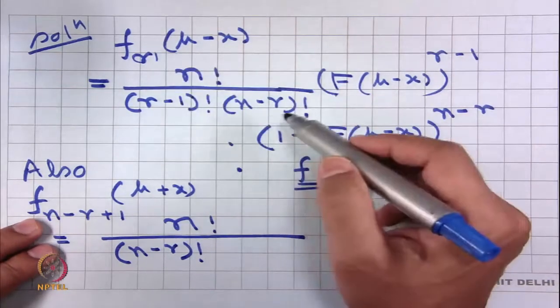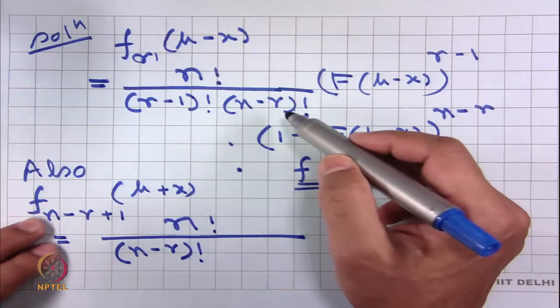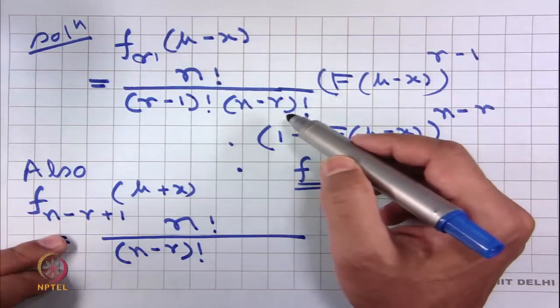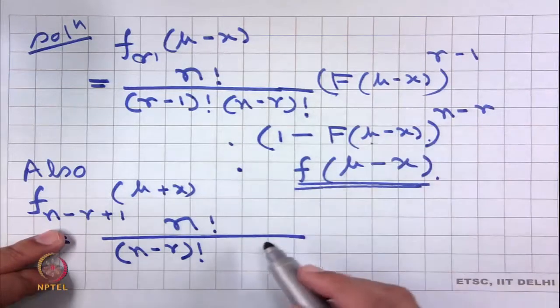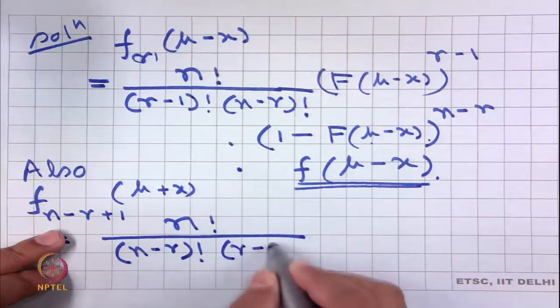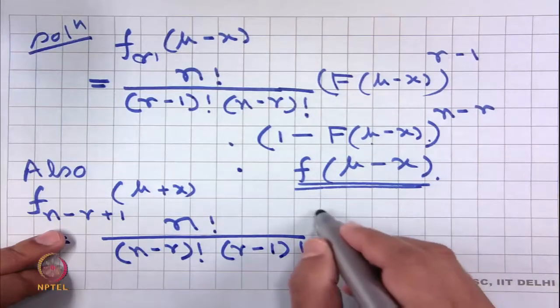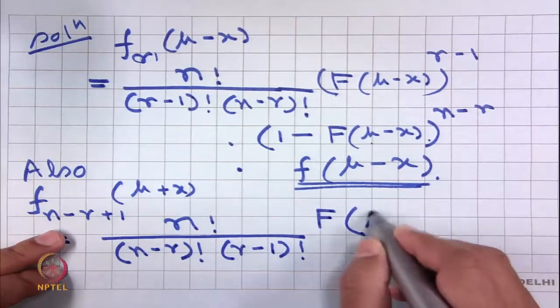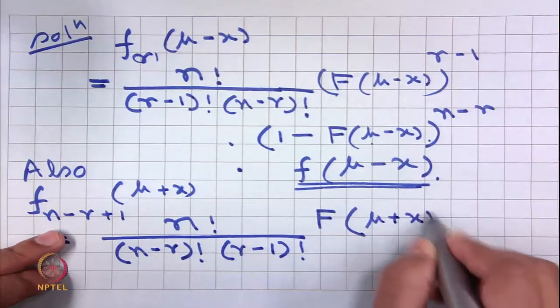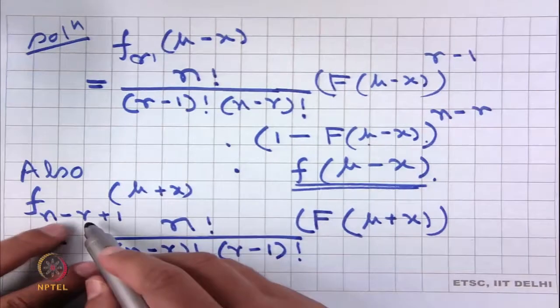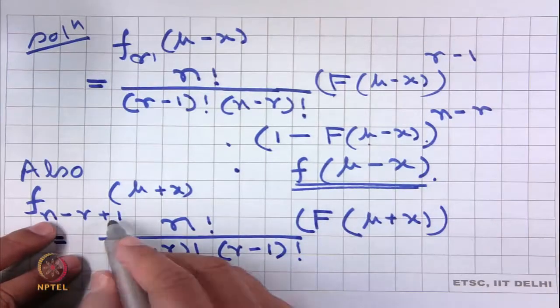Instead of r, I am putting n minus r plus 1 here. So, that is going to be r minus 1 factorial f at mu plus x whole to the power n minus r, because n minus r plus 1.